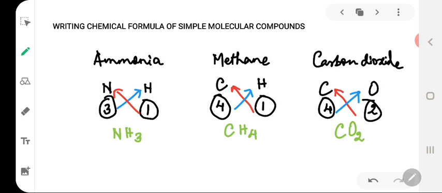In the formula of the compound, the valency 1 is normally omitted. So as you can see in the first case and the second case, it is written NH3 and CH4 instead of writing N1H3 and C1H4. The molecular compounds are also called covalent compounds.